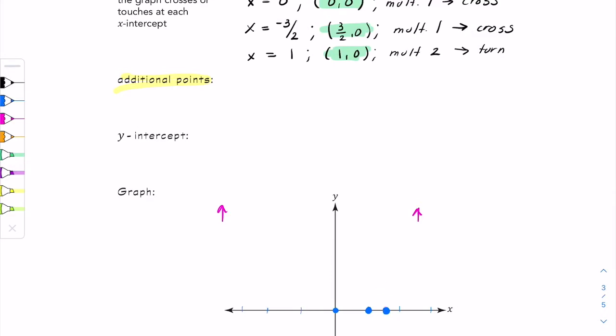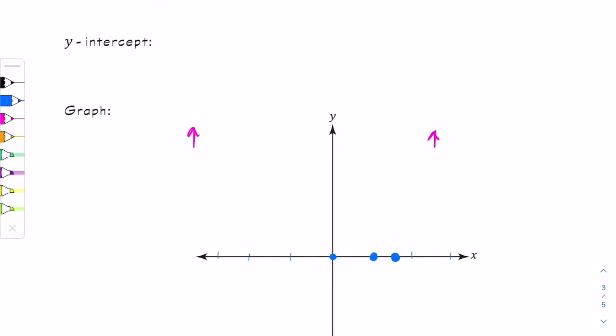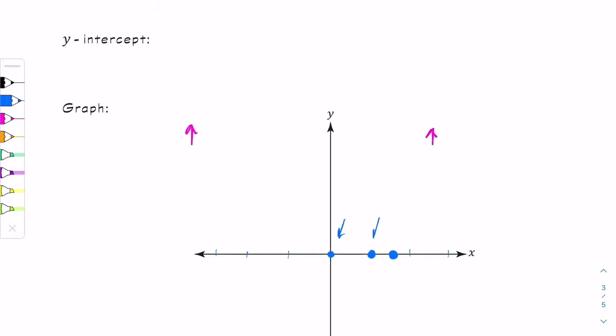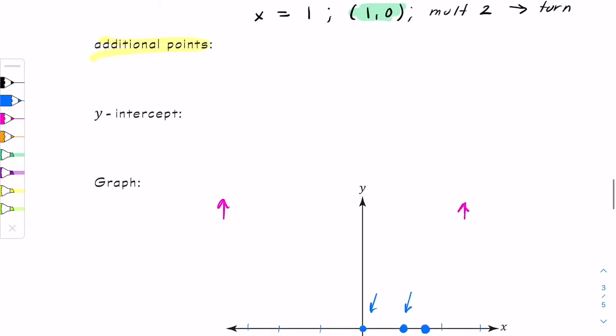So you can pick any value between these. I know that this point is at 0 and this point is at 1. So I'm going to start by testing an x value of 1/2. And you substitute 1/2 back into the original equation. So I substitute in 1/2 multiplied by 2 times 1/2 plus 3 multiplied by 1/2 minus 1 squared.